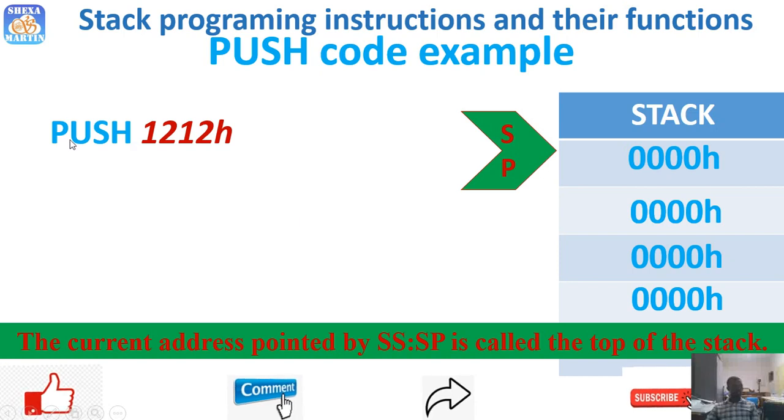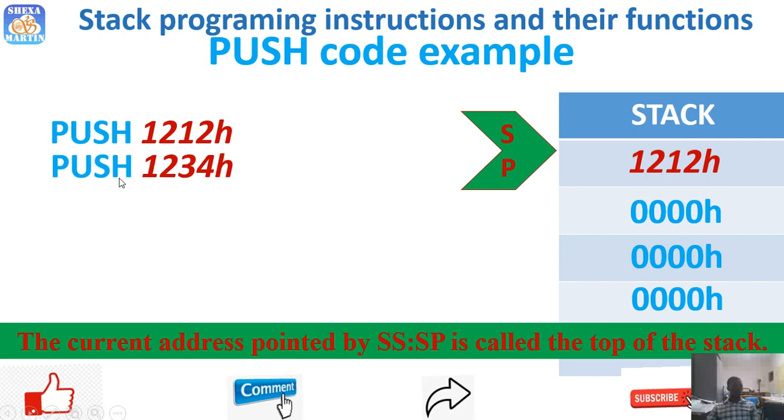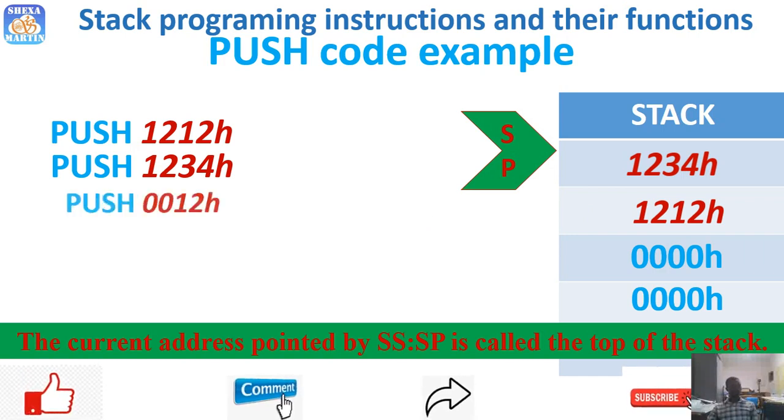Right, when you say push 1212h, what happens? 1212 goes onto the top of the stack. And then if we say push 1234h, 1234h goes to the top of the stack and is the one pointed to by the stack pointer, and this one moves on to the next slot of the stack.